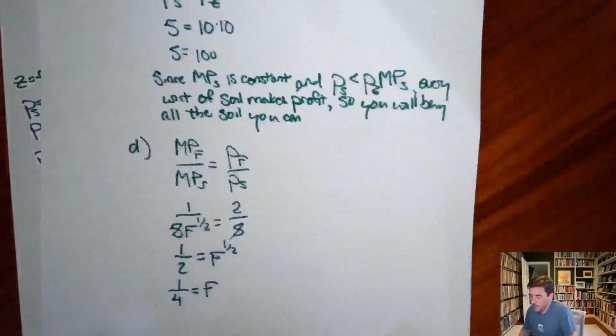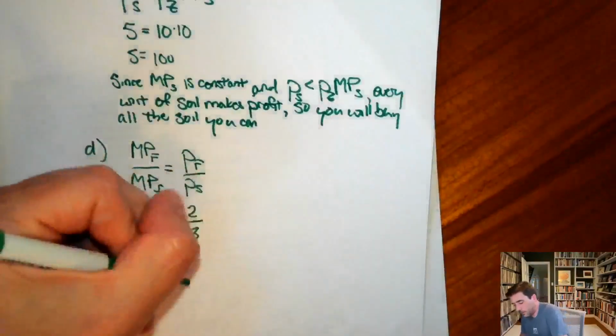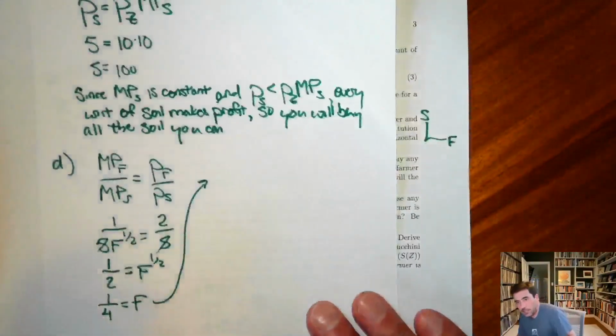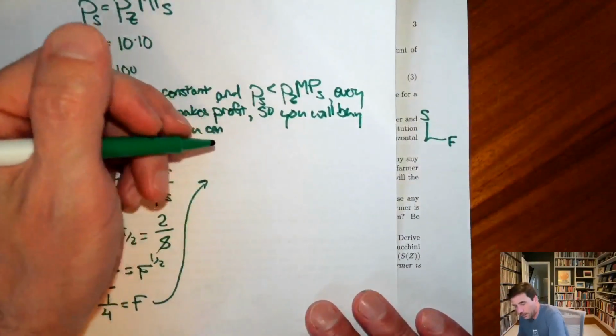So what I can do now is plug this into my production function. I'm going to take that result. I'm going to use an arrow to help whoever's grading this know my workflow so I can get all the partial credit I can, right?